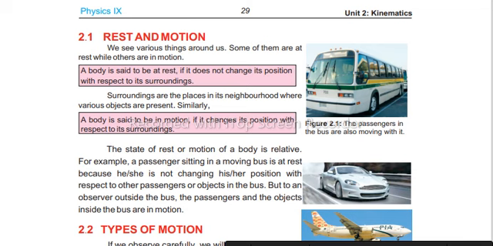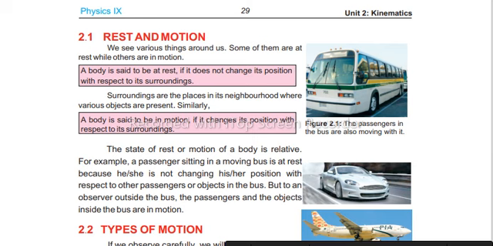the state of rest. In other words, surroundings are the place in its neighborhood where various objects are present. Similarly, a body is said to be in motion if it changes its position with respect to its surrounding. So the state of rest or motion is described relatively.